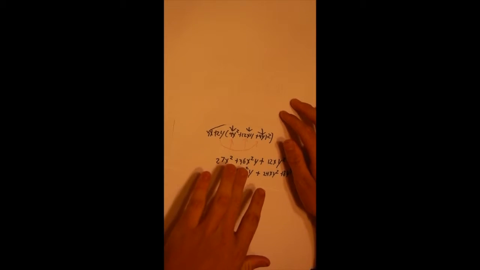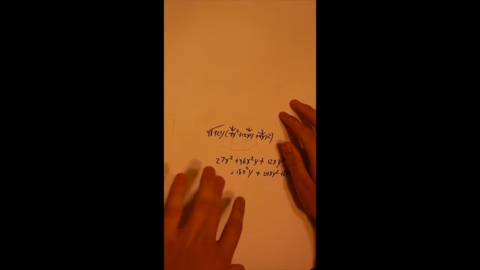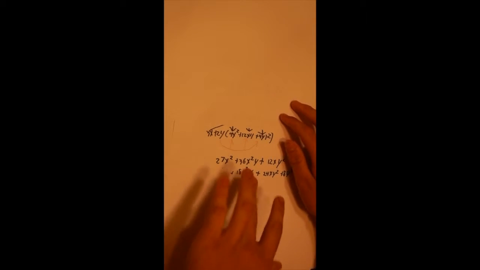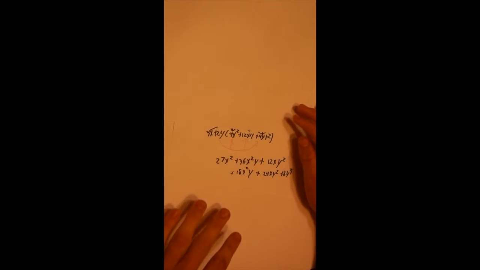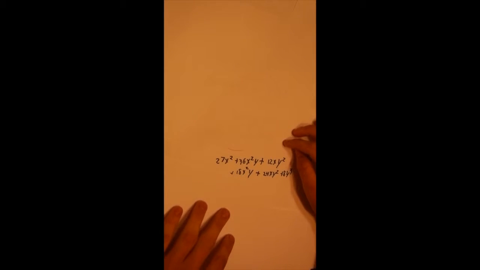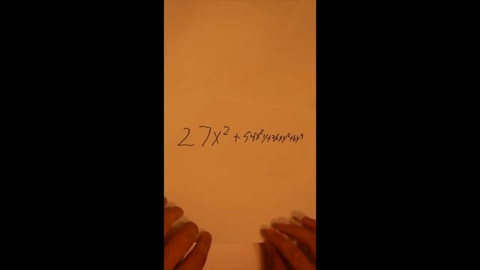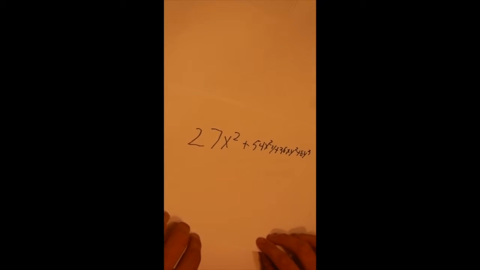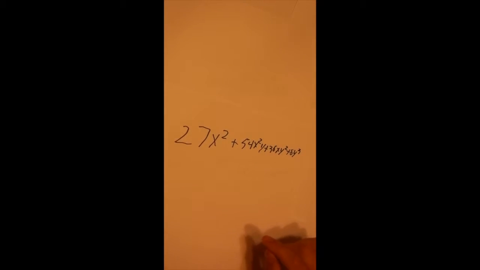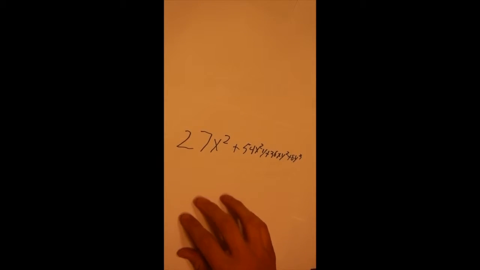For example, 36x^2y and then 18x^2y, and you match up like terms, and then that is how you get your final answer: 27x^3 + 54x^2y + 36xy^2 + 8y^3. That's how you get your answer.